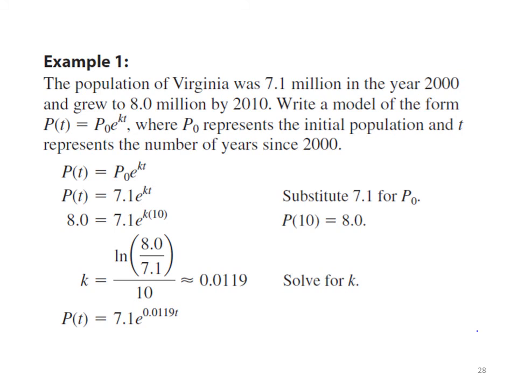You can also use this type of equation. For example, if you want to know when the population will equal a certain number, you can substitute that number for P of t and solve for t. But there are all kinds of things. Once you determine the model for the population, the model is just an equation. You can use it to answer many questions.